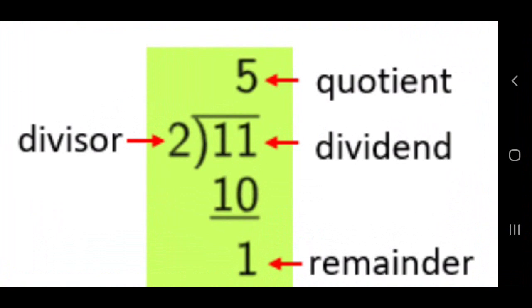Dividend, divisor, quotient, remainder. Those 4 terms you understand.